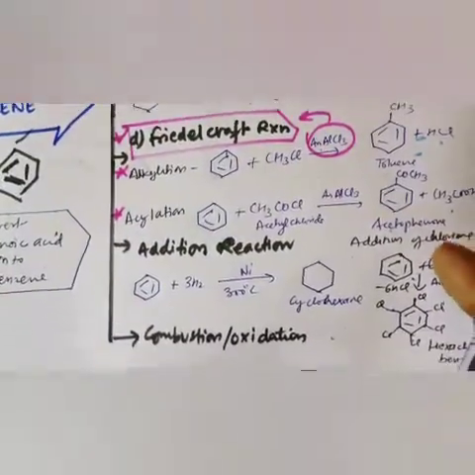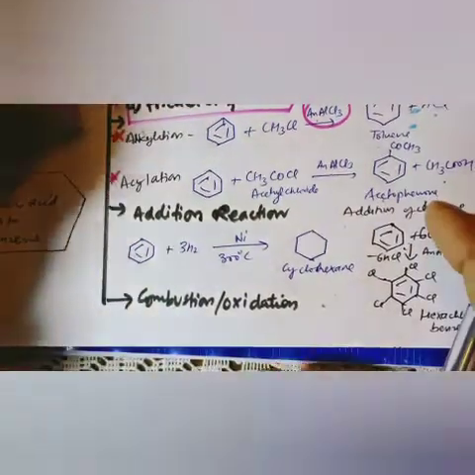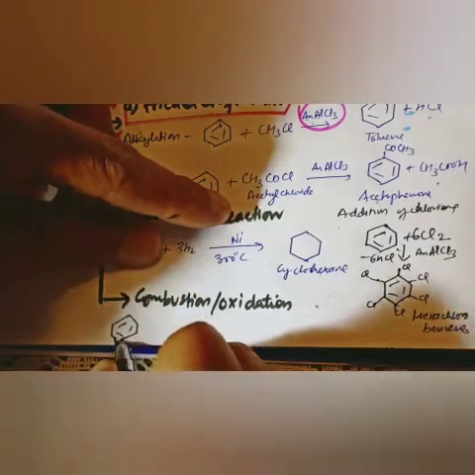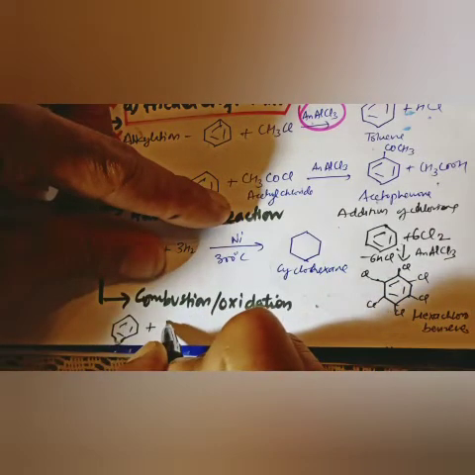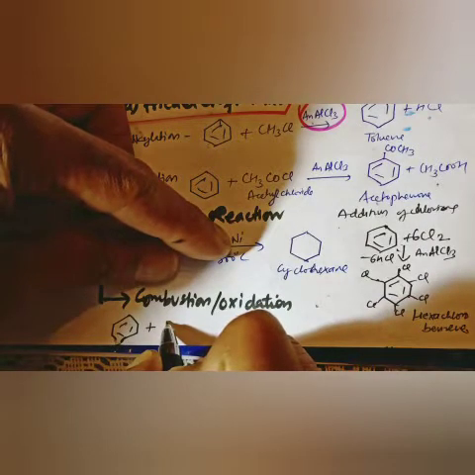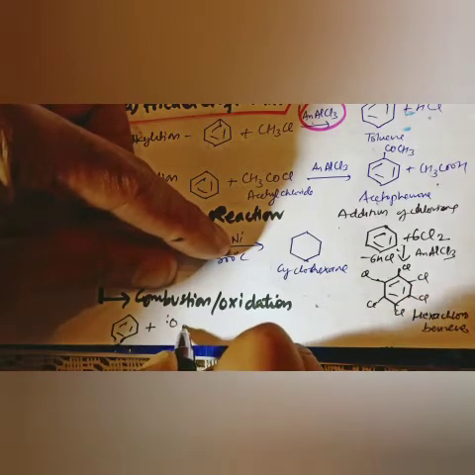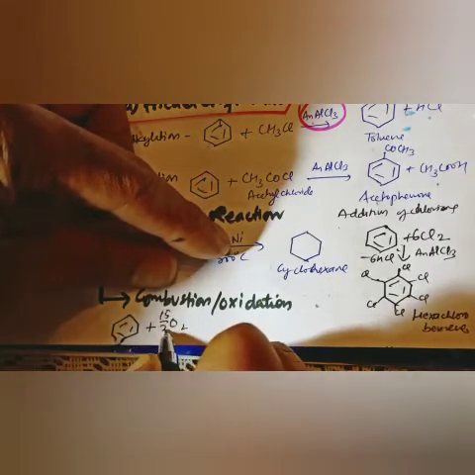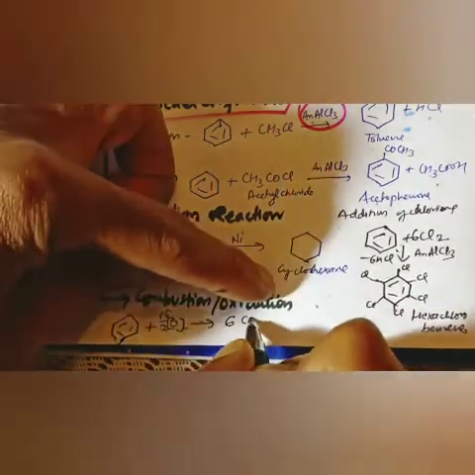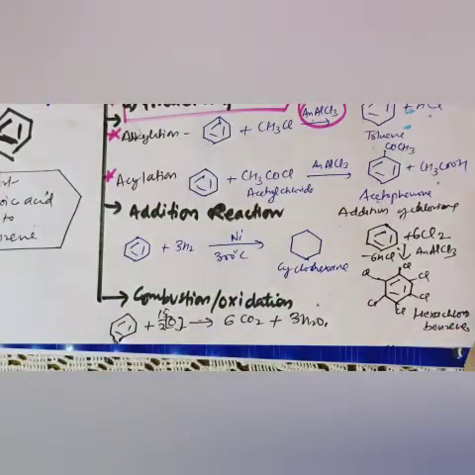Next is combustion or oxidation. Whenever benzene is going to be oxidized, take the example of any compound of oxygen. Suppose we react benzene with oxygen, let it be 15/2 as taken in the question, then it will convert into carbon dioxide and water.